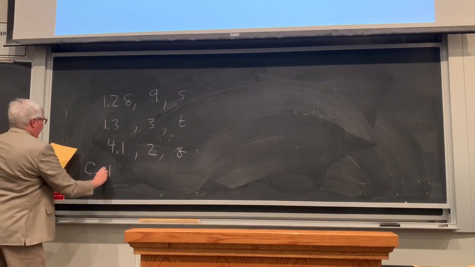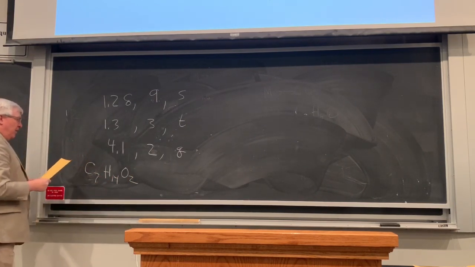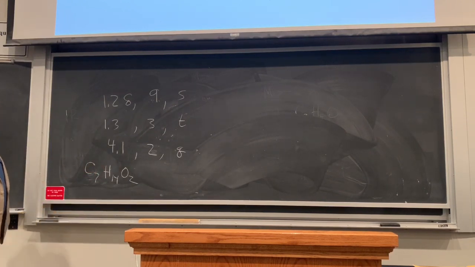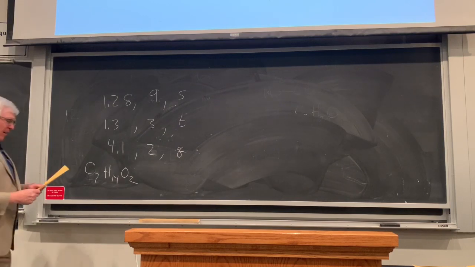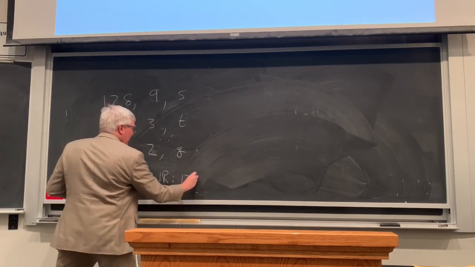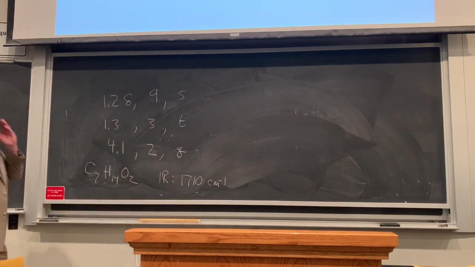C7H14O2. Okay. So you could add up this and see what the molecular ion would be in the mass spec. Let's see, should I give you an IR also? Okay. IR data, 1710. There you go. So from that line list, could we begin to piece things together?